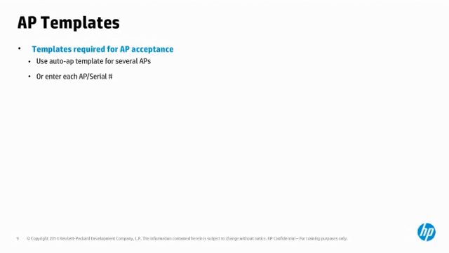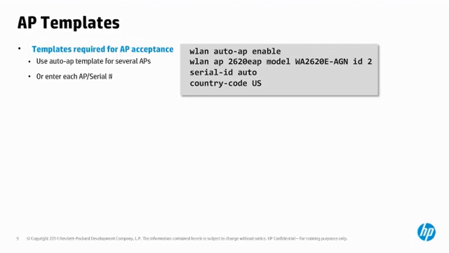Here's how you configure Auto AP using the CLI. First, the feature is enabled, and then a template is defined with an arbitrary but hopefully descriptive name, such as 2620E AP. The model number is selected from an available list, and you can use the question mark to see this list. In this case, the WA2620E was selected.